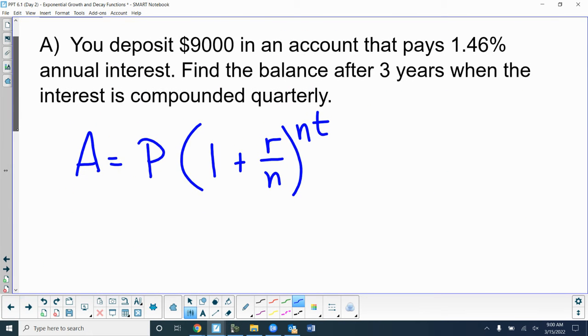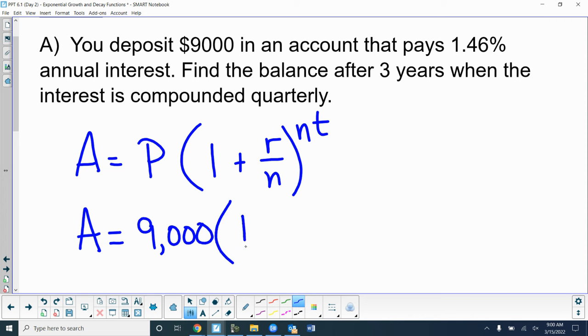Okay, so what's my P? What's the P? P is not a percent, P is principal. It's the $9,000. It's how much you start with, right? The R is your interest rate. That's the percent. How do I write the R? 0.0146, right?